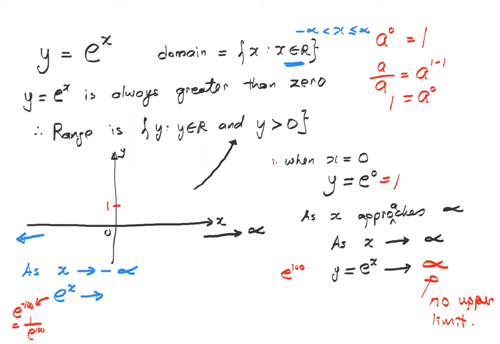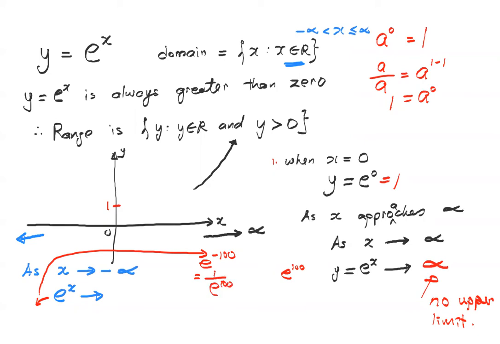I write it on another side, okay? e to the power negative 100. Am I right? So this is 1 over e to the power 100.